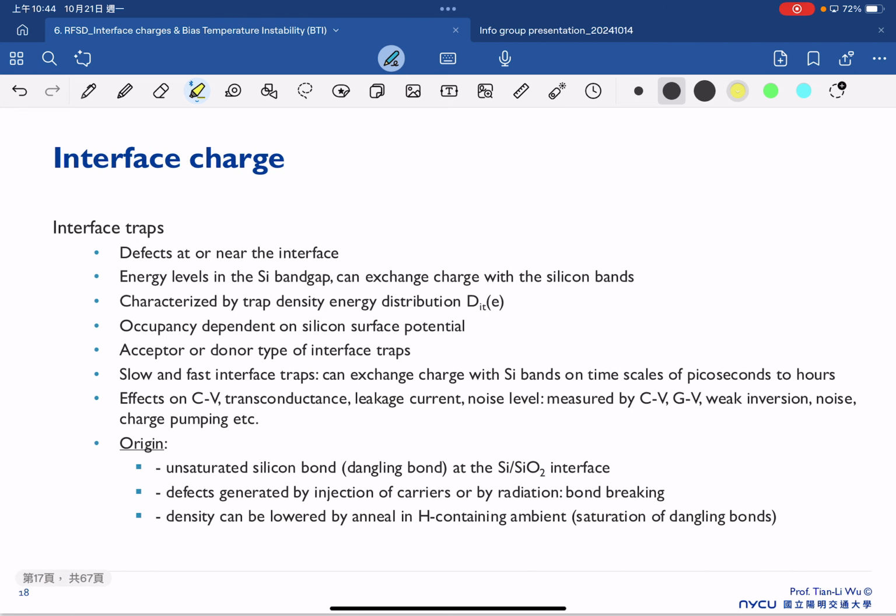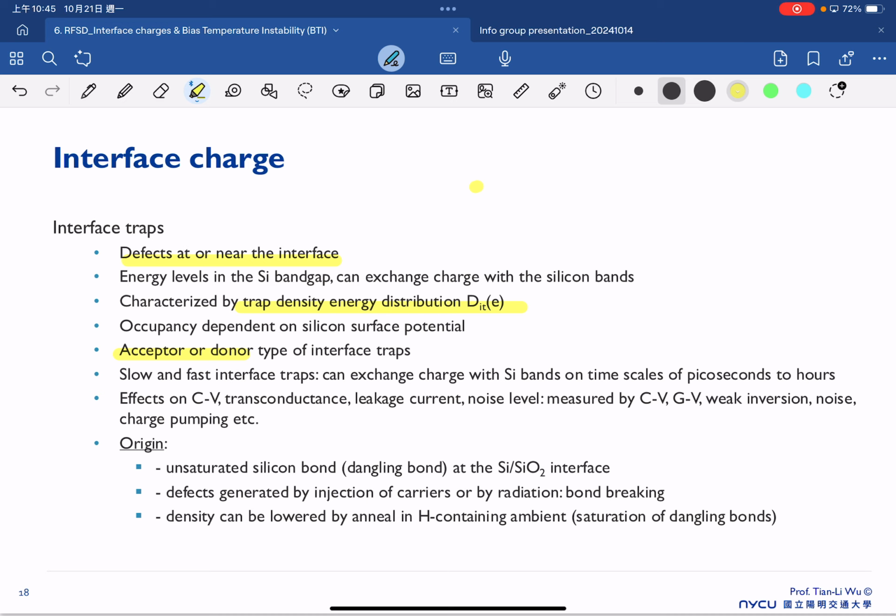Okay, so the last one is the interface trap. An interface trap is a defect near the interface that, as already said, can be characterized by trap density, D_it, which we call interface state density, and this is also related to acceptor or donor type.